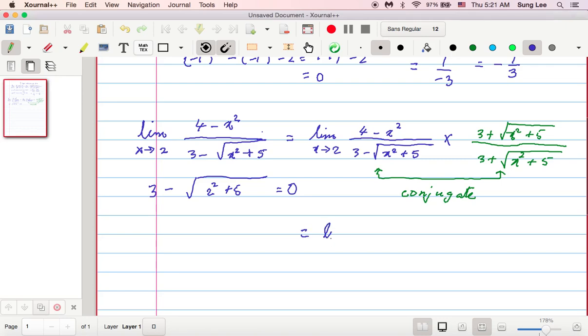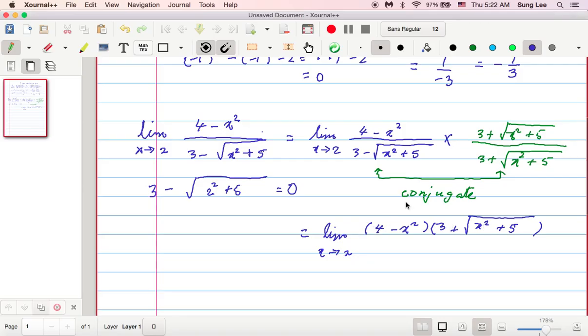Okay, so we continue our calculation. Limit as x approaches 2. The top part, not much to do, but we can write it down as 4 minus x squared times 3 plus the square root of x squared plus 5. By the way, don't try to FOIL this, multiplying each term.